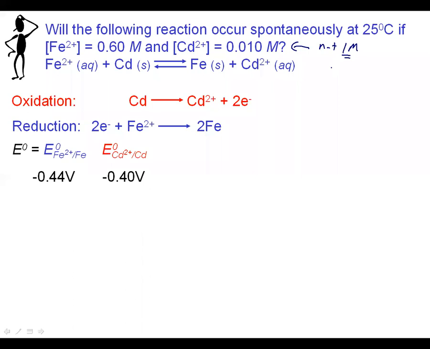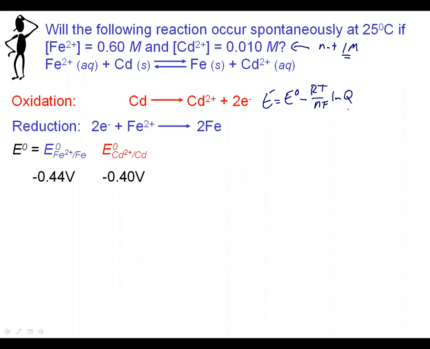So we probably want to use our Nernst equation here. As we saw on the previous slide, E equals E naught minus RT over NF natural log of Q. We do need to figure out a couple of things. Again, our E naught there is our cathode minus anode.